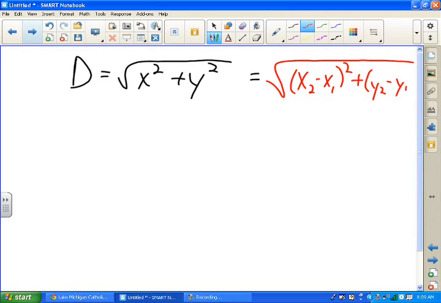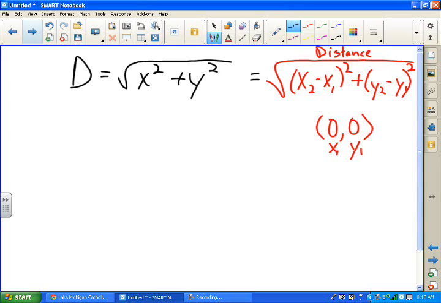But we said that our initial point, x sub 1, y sub 1, was the origin, which is 0. So when you subtract 0, you're really left with x squared plus y squared. And so the formula for distance from the origin in this case is just the square root of x squared plus y squared, based on the old algebraic distance formula.